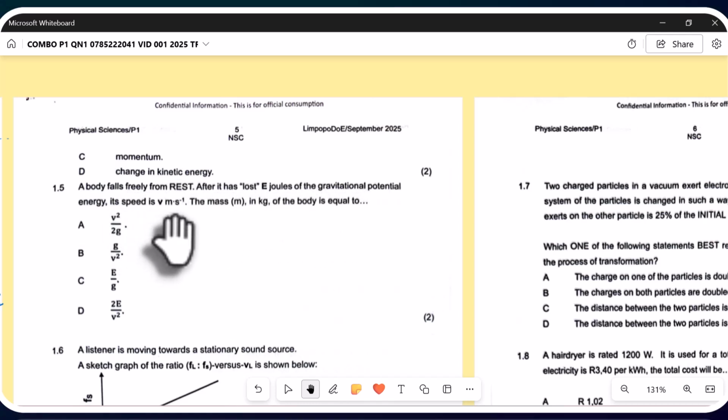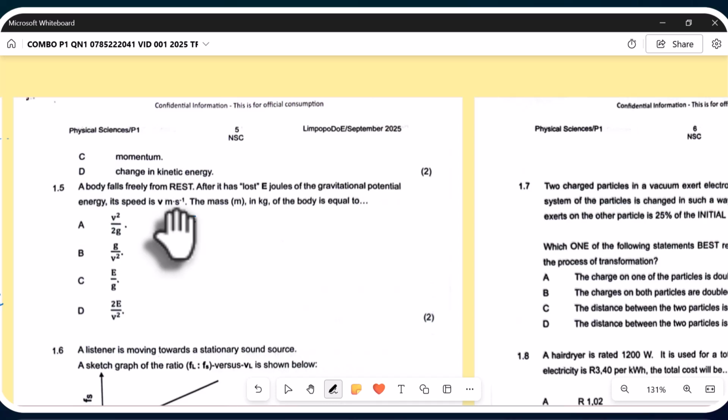Now, I hope guys remember in class we said that when the listener is approaching a stationary sound source, meaning v source is going to be 0, then from Doppler, our f is equal to v, because the approach is going to be plus v of the listener, and then divide by v minus v of the source, and then times the frequency of the source.